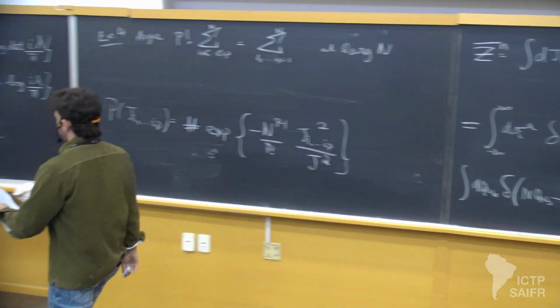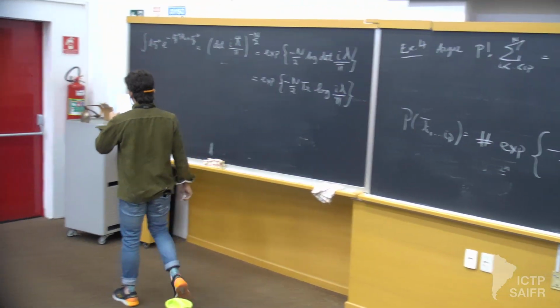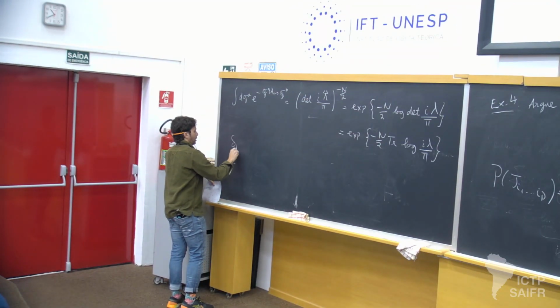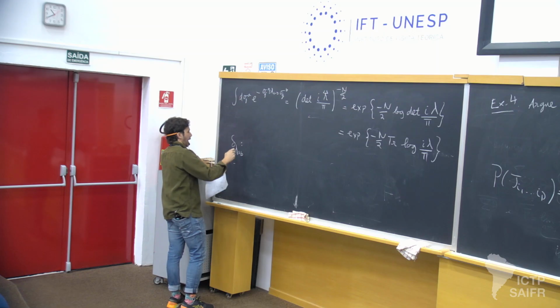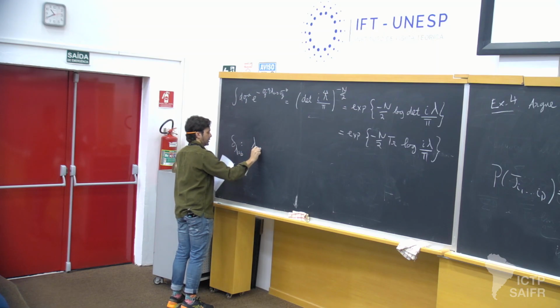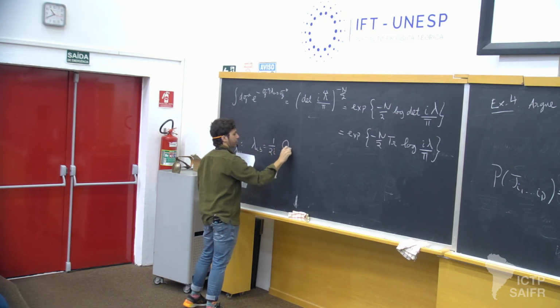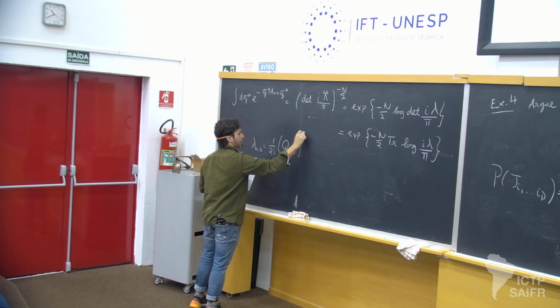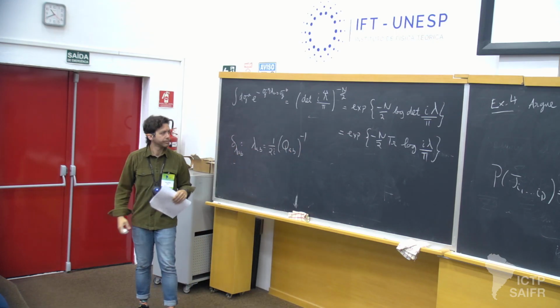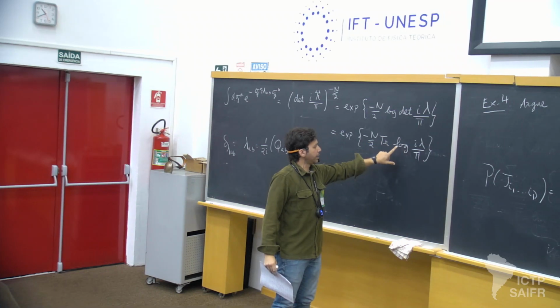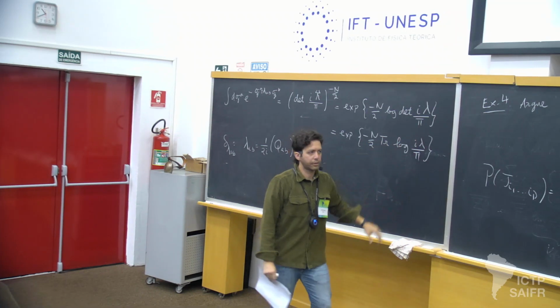Just by varying this action with respect to lambda, so you can do this at home, the variation of the action with respect to lambda gives that lambda AB is equal to 1 over 2i q a b inverse. It's not hard to see that. Take a derivative with respect to lambda AB of the log, you get lambda inverse.